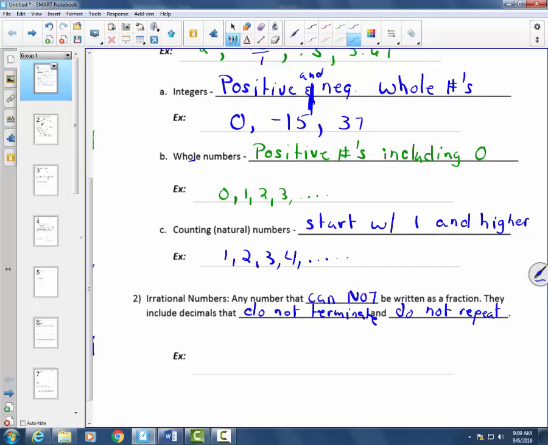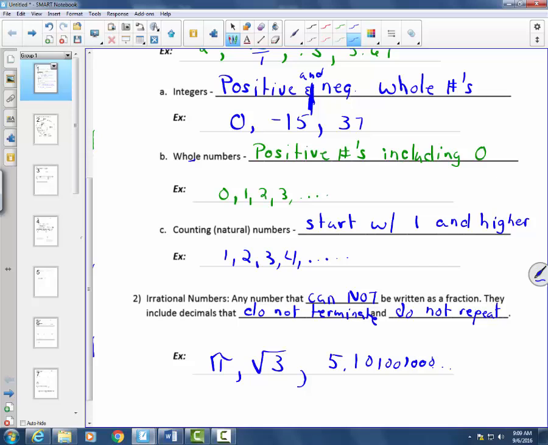Our most common example of an irrational number is pi, which hopefully we remember from last year. It goes on and on and on forever and ever and ever. We can also have square roots of numbers that are not perfect squares. So the square root of 3 is an example. You can have something like 5.101001000 ... Right, there isn't a pattern there. It's not a repeating number.